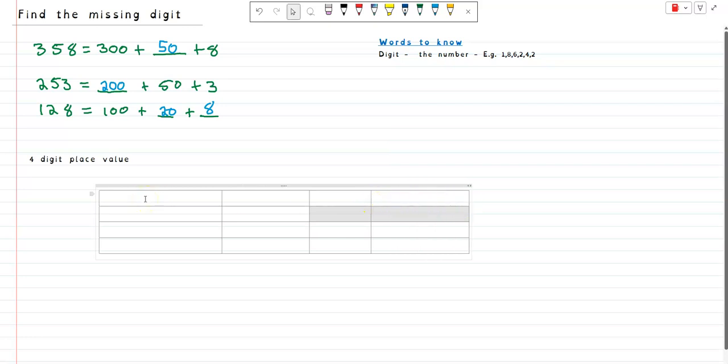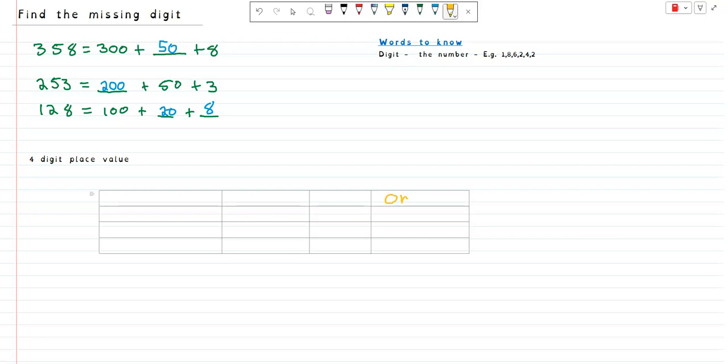Okay, so here we have ones. Here we have tens. Here we have hundreds.